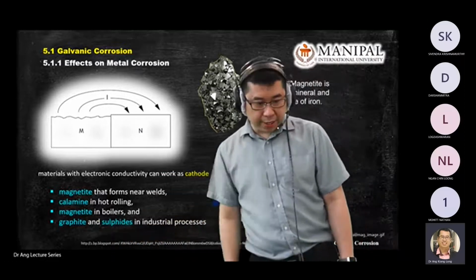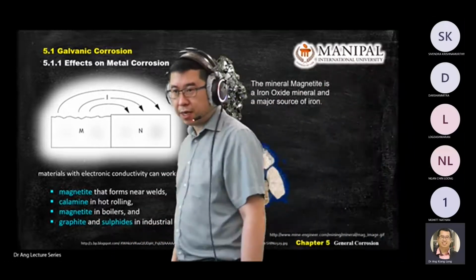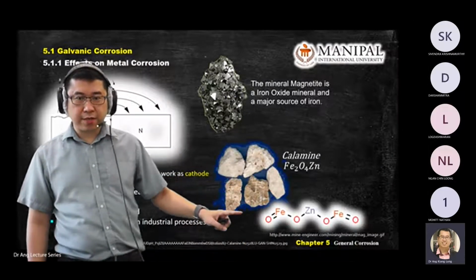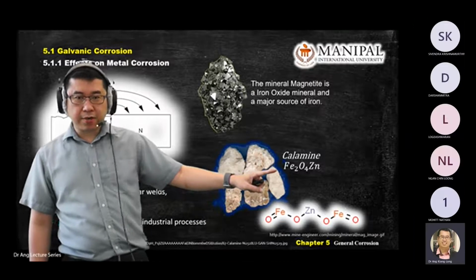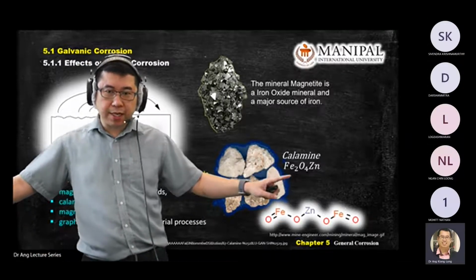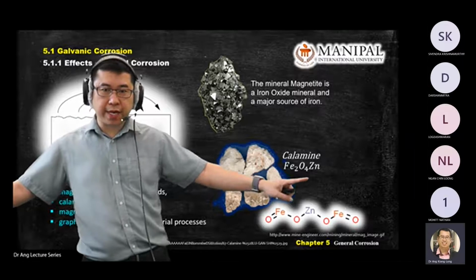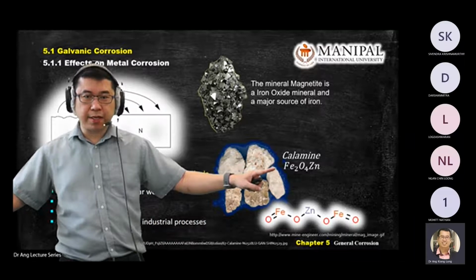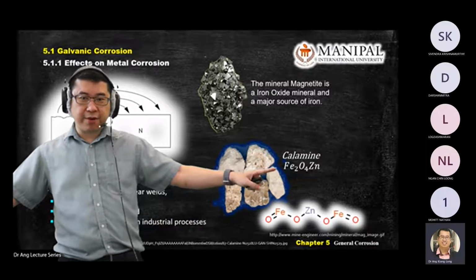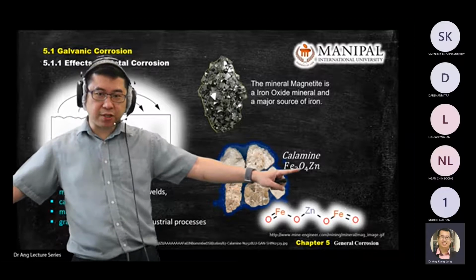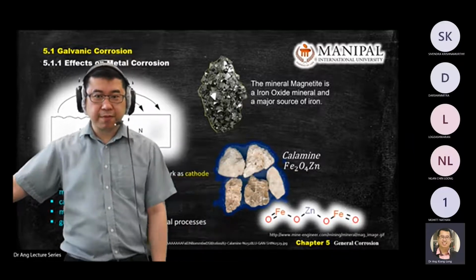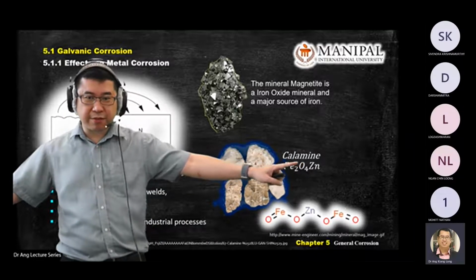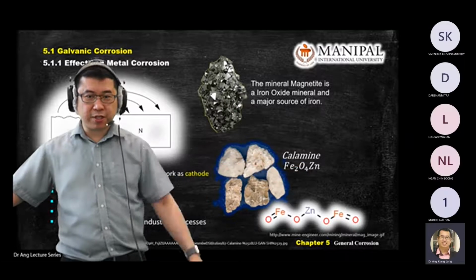Another one is calamite. Calamite looks like a white stone. Its chemical formula is Fe2O4Zn. So in the calamite chemical formula you have ferrum or iron, you have zinc, two types of metal, and you have oxygen.